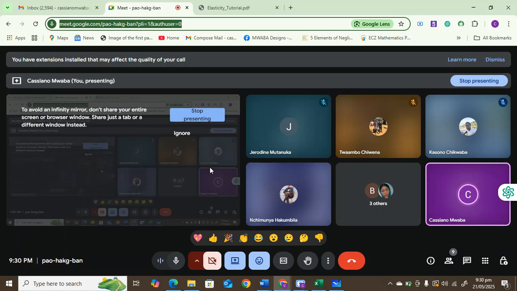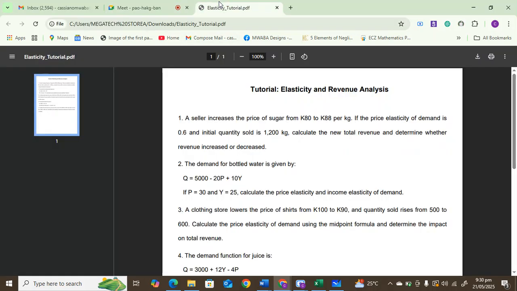How quantity demanded, colleagues, I hope you write this down, responds to changes in price. That is price elasticity of demand. And we said there are two: there's elastic demand and inelastic demand. So, what does elastic demand mean and inelastic demand mean?